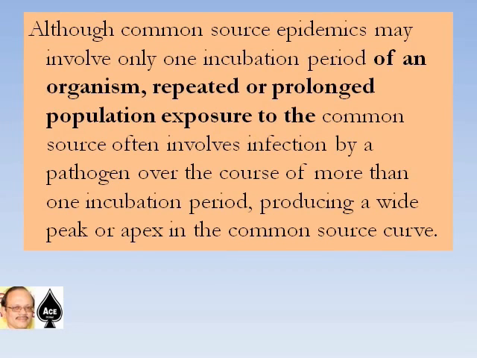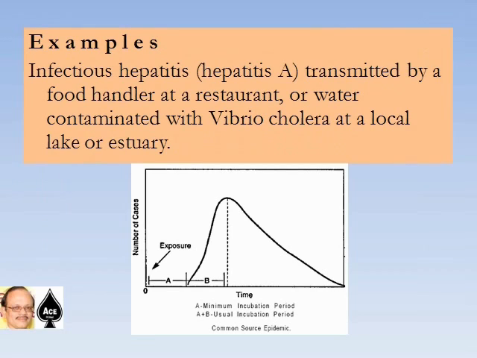Although common source epidemics may involve only one incubation period of an organism, repeated or prolonged population exposure to the common source often involves infection by a pathogen over the course of more than one incubation period, producing a wide peak or apex in the common source curve.